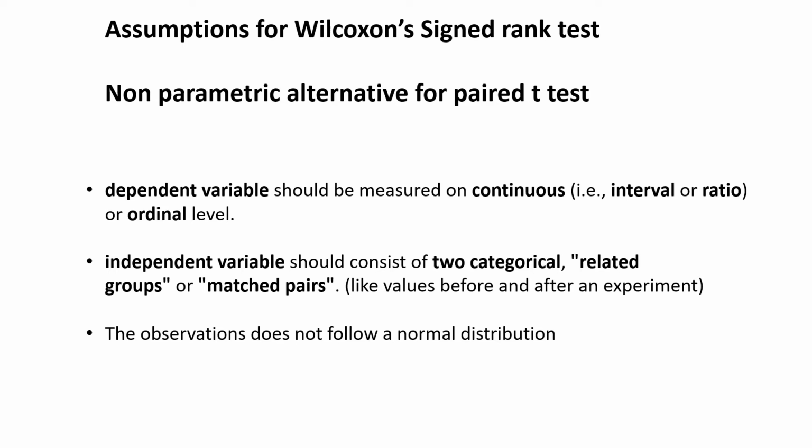The independent variable should consist of two categories, related groups or matched pairs. So before and after treatment, or before and after training, or before and after some experiment. And you know it is a non-parametric test, right? So observations do not follow a normal distribution. Okay, please keep in mind.